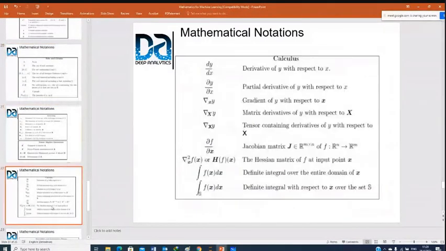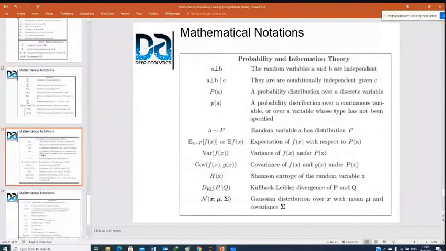Yeah. So this is it as an introduction to the notation that we use in machine learning.